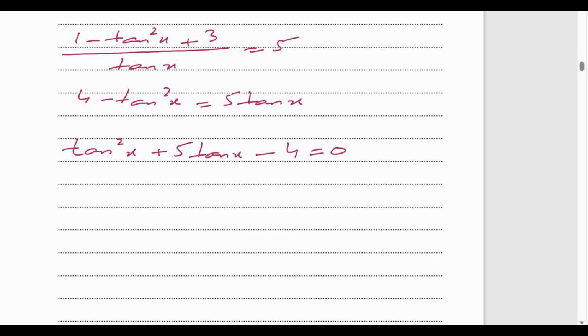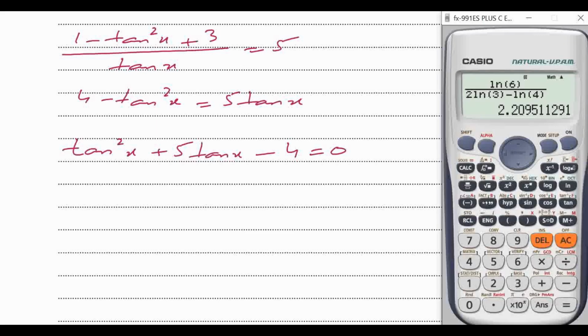Now this is a quadratic equation. So we can find out the value of x, as we can use the calculator here. The coefficient of x square is 1, so a is 1, then 5 and negative 4.